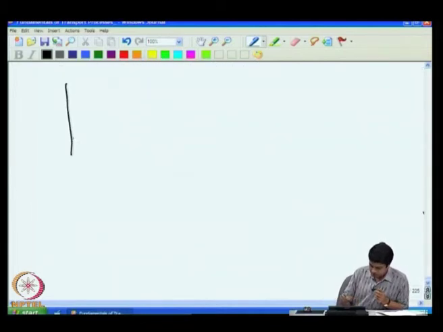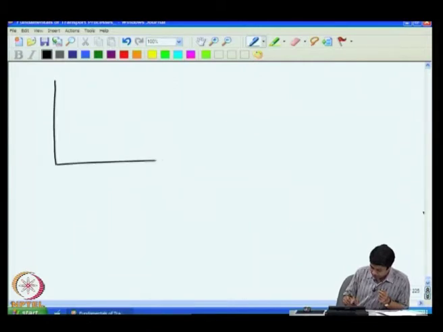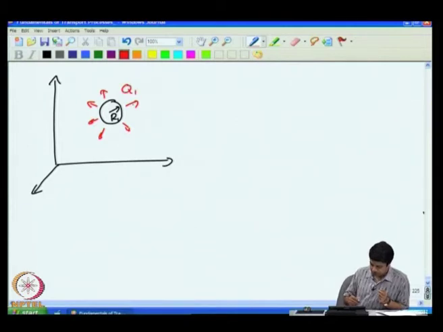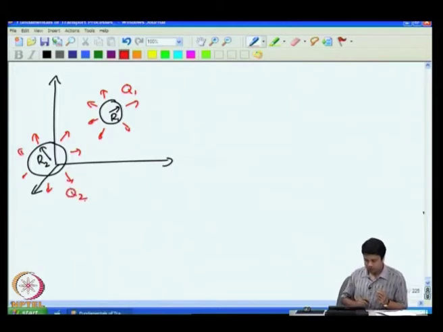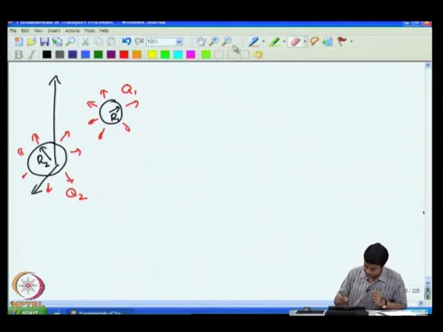If I had a problem where I had one particle of radius r1 with heat generated q1, and another particle somewhere else of radius r2 with the amount of heat coming out as q2, in this case, I cannot separate it out into two parts.